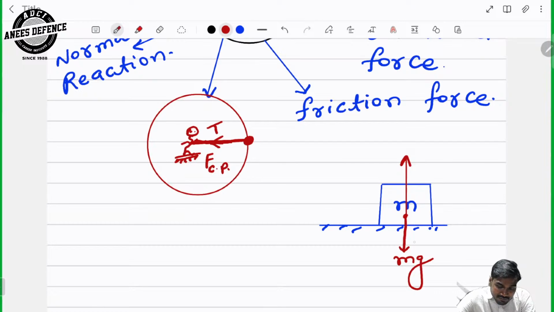That force is acting perpendicular to the surface, and it is known as normal reaction. If normal reaction is greater, the object will move upward, and if mg is greater, the object will move downward. Yes or no? So this is normal reaction.